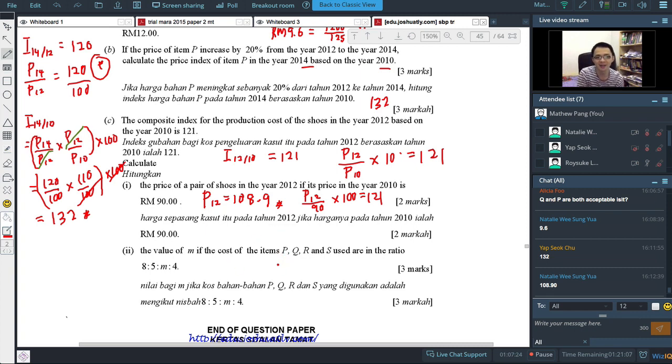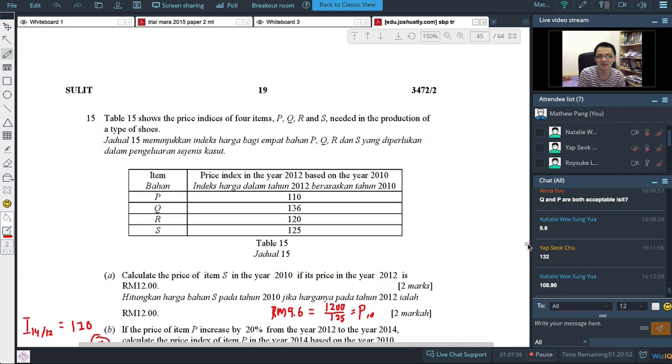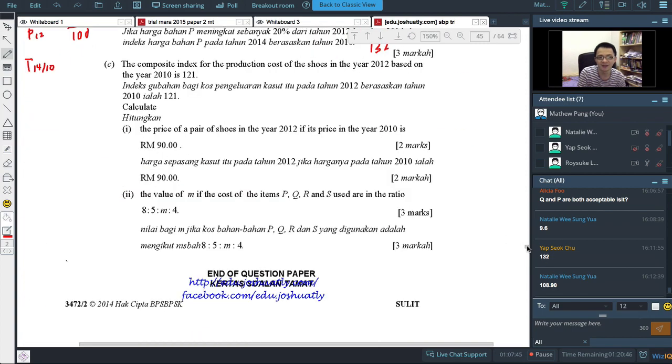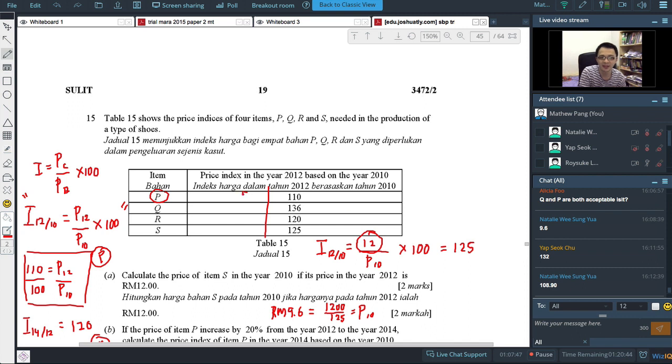Then the last one, this one basically uses the composite index formula. So you know the composite index is 121, right? And then you have all the index numbers for P, Q, R, S, right? Just multiply them with the weightage and join them together. But over here I will need the quantity there, so I write M. Then I multiply them.